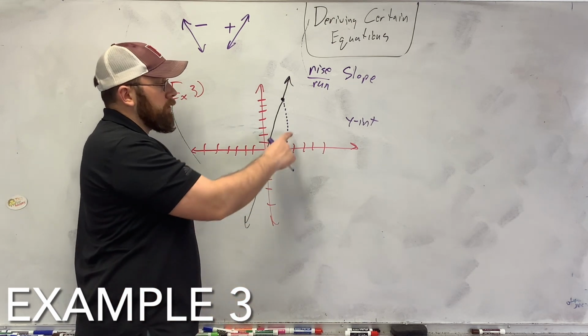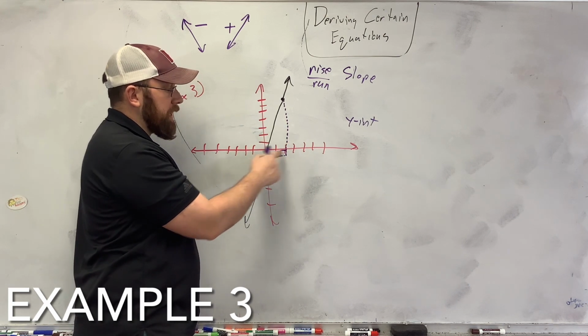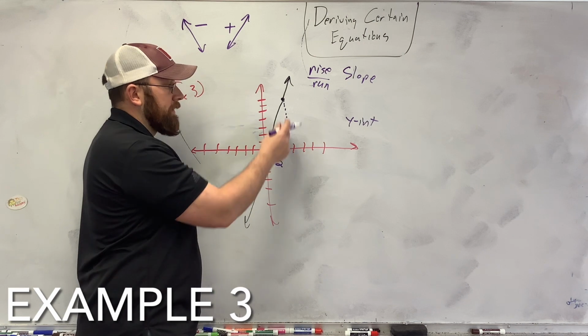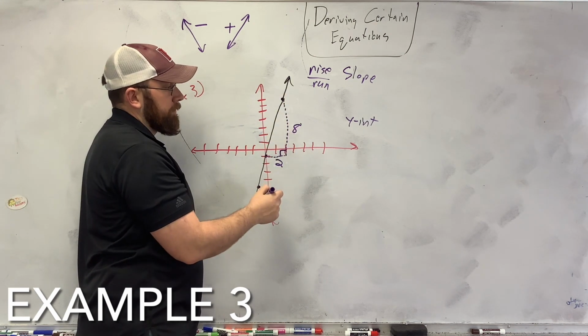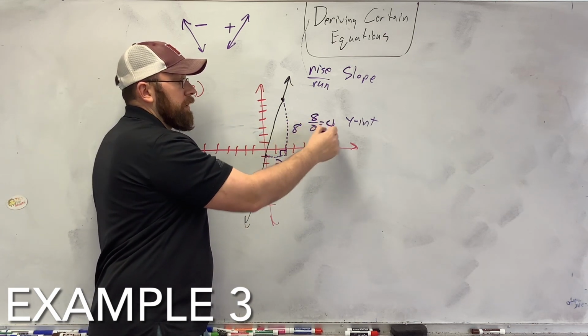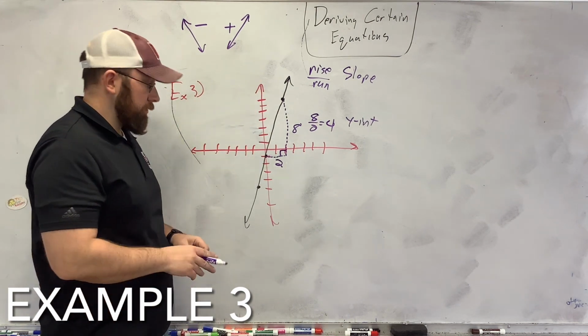Now all I have to do is tell you what this leg is and this leg. This leg is 2. It went over 2 times. This leg is 8. So rise over run is 8 over 2, which is 4, because it's also a positive line.